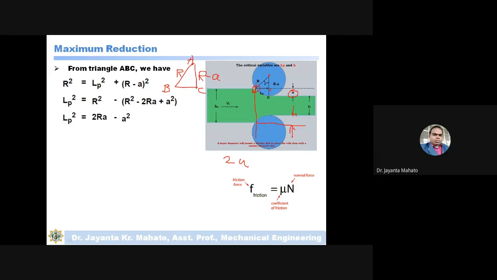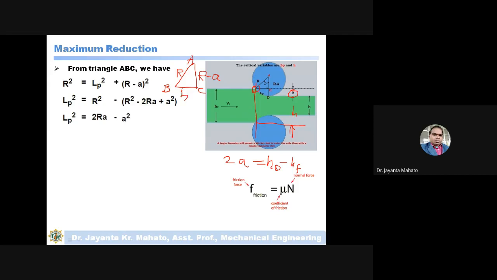So total 2a equals H initial minus H final. BC is the projected length of the arc, which is LP.